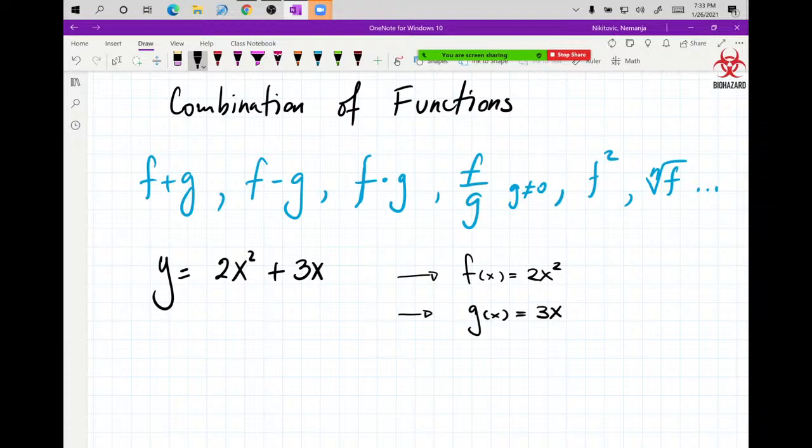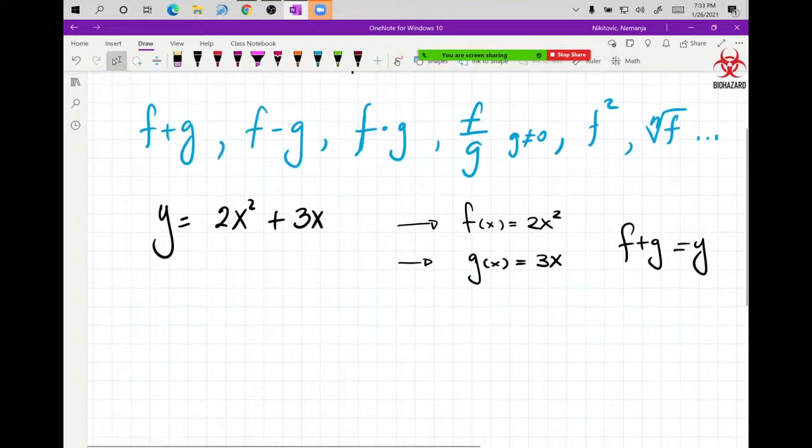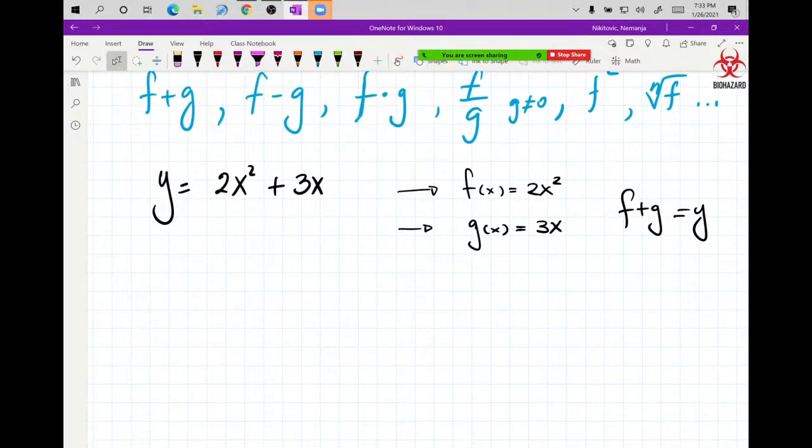And then f plus g will give you the y you had before. Do we ever do this? No, we never do this. But you can. So there are a lot of things in life you can do and you don't. So this is one of them.